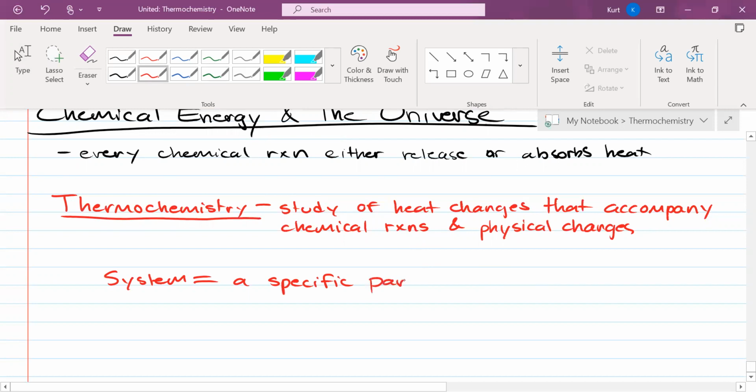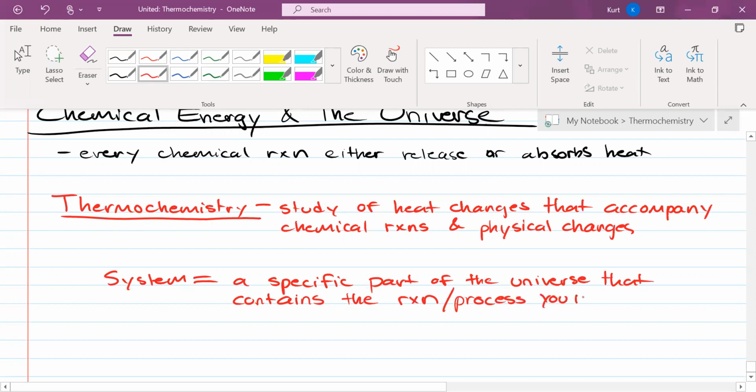It contains the reaction or process you wish to study. So what I like to say is that the system is what you're focusing on. If I'm holding an ice cube in my hand and I want to see what the heat flow is, the ice cube is the system.